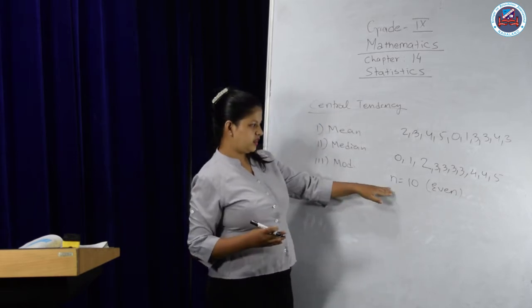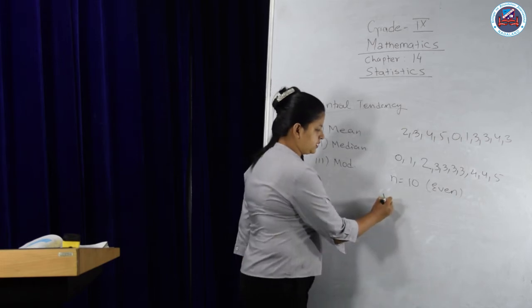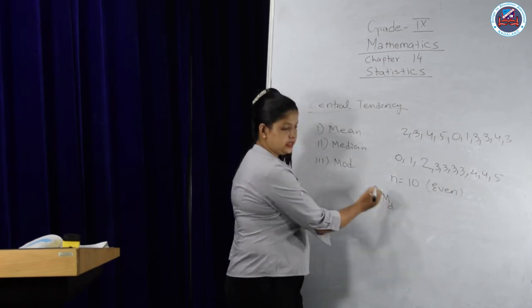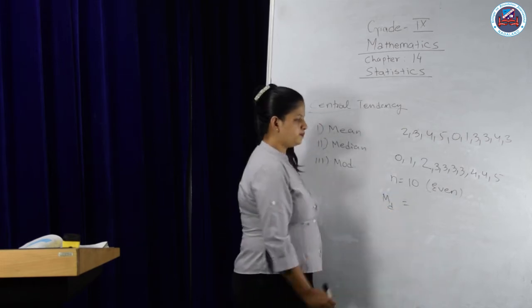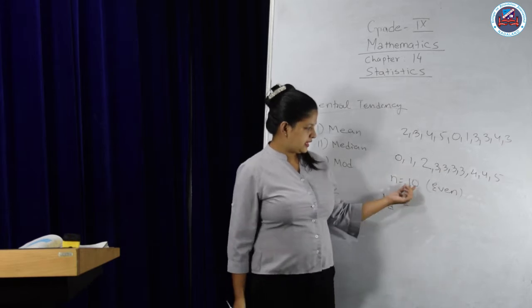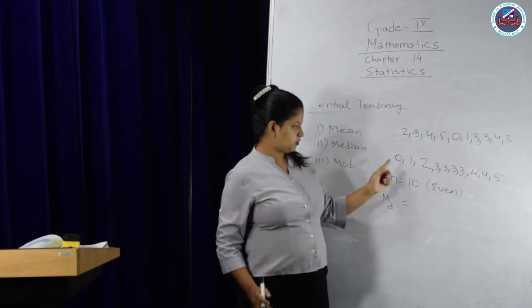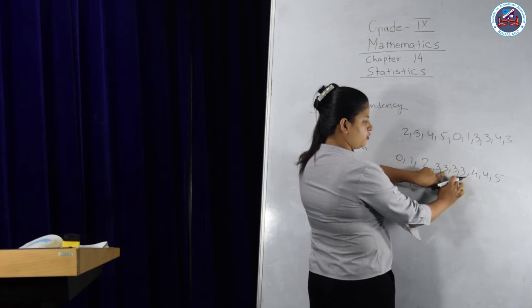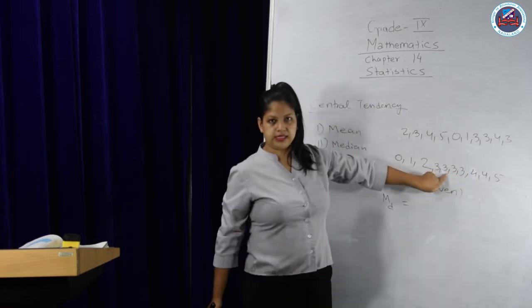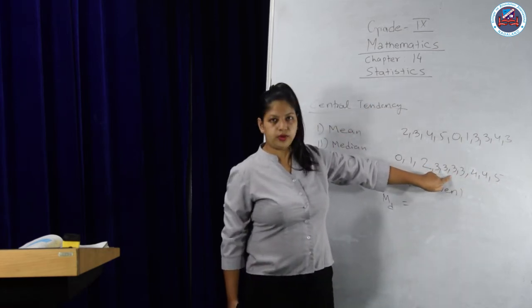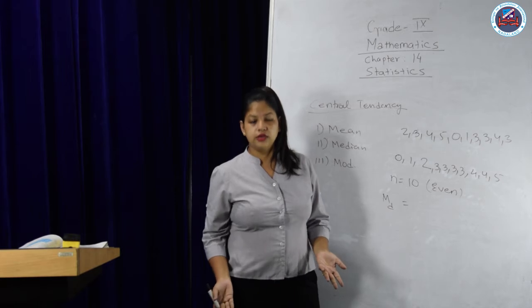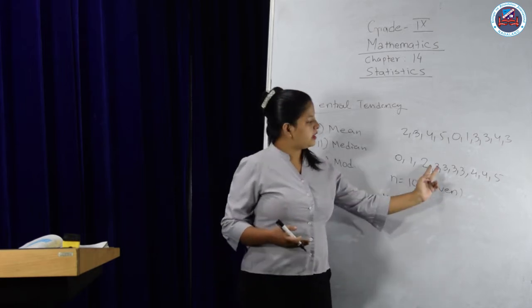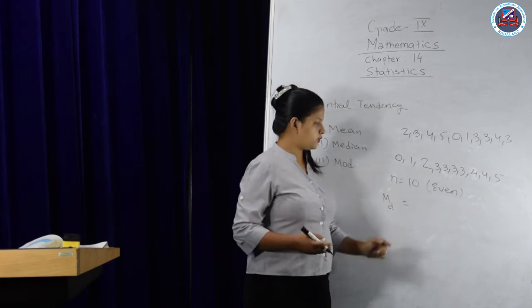For an even number, your formula for median we write like this, M subscript d, median equals. Now from here if you check half of 10, the middlemost term, 1, 2, 3, 4, 5. And from the back if you go 1, 2, 3, 4, 5. So both the numbers we can take. In this case it is 3 only, no problem. Sometimes it would be different also. So we have to find the middlemost of it. So what will you do?